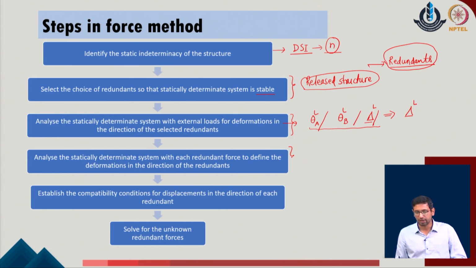At the same time, we release one by one all the external redundants on the given problem and consider them to be active on the given system as a unit load, and with respect to those loads we again obtain a set of deflections in the direction of these redundants, which we define as the displacements due to the redundants of the given problem.